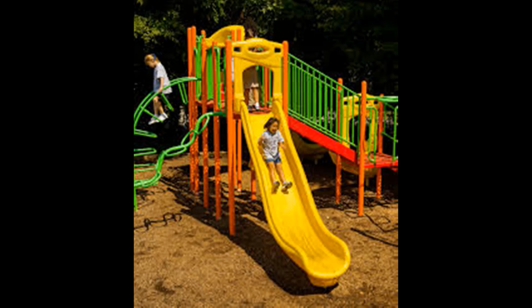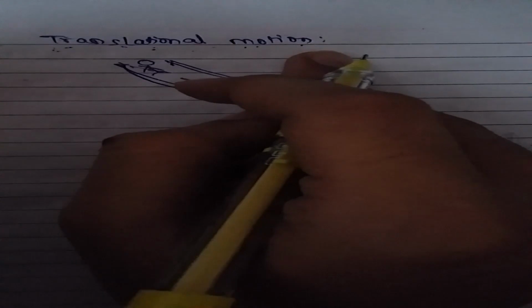If a kid slides down, he is going in one direction. To define this, we need only one line, or this direction is enough to define the motion of this object, here the kid. Therefore translational motion is defined as the motion of an object in a straight line.